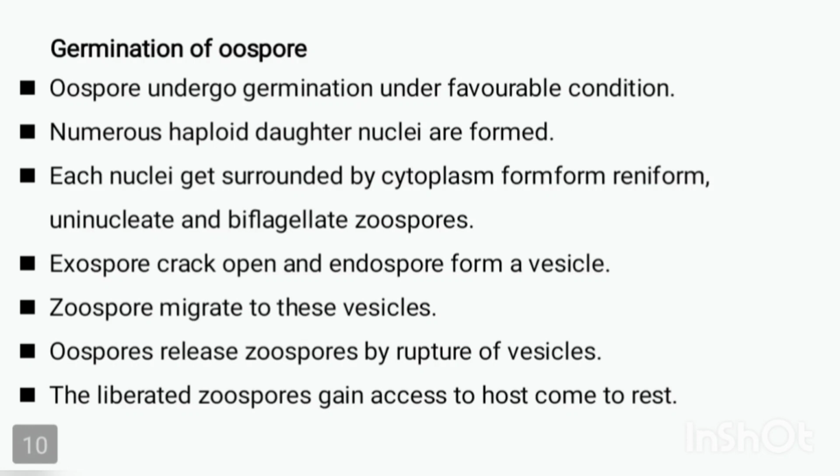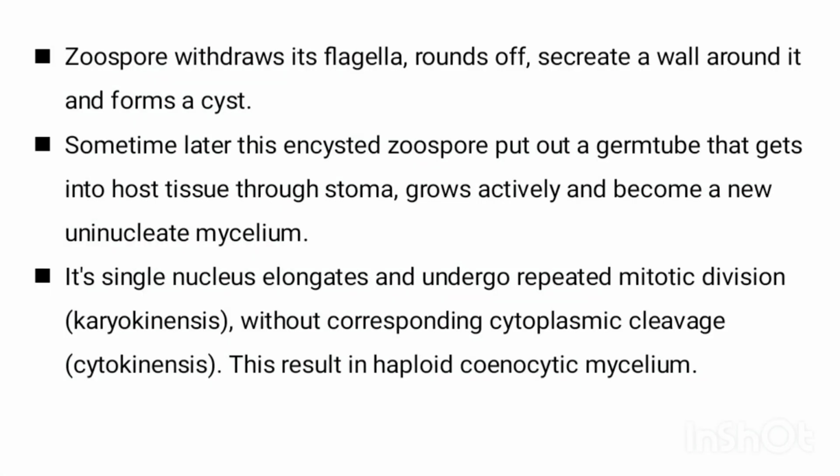Now let's see what happens after the zoospore reaches the host cell. The zoospore, after undergoing a period of rest, withdraws its flagella. It rounds off and secretes a wall around it, and it forms a cyst. After some time, this encysted zoospore puts out a germ tube that gets into the host tissue through the stomata, grows inside the host tissue, and becomes a new uninucleate mycelium.